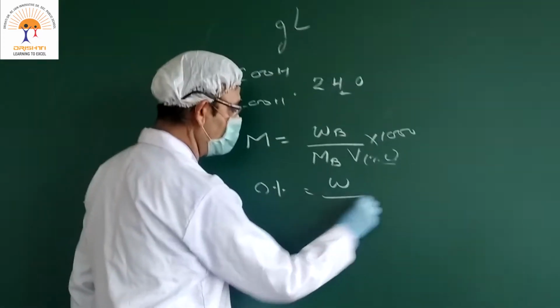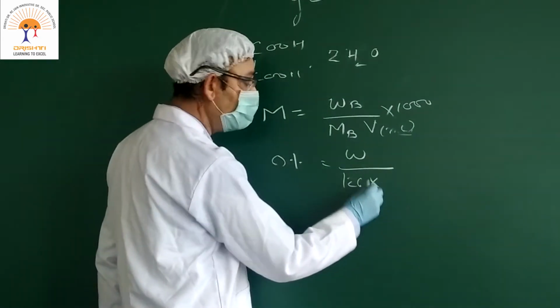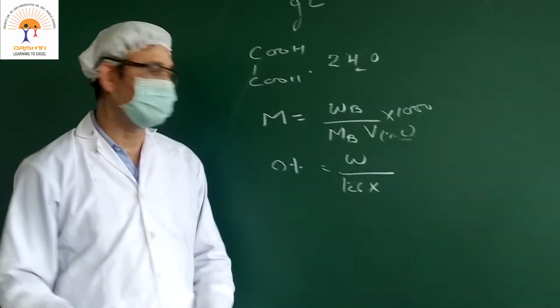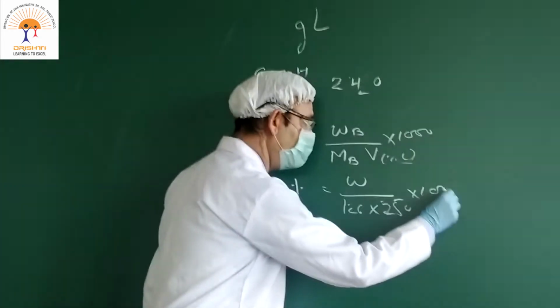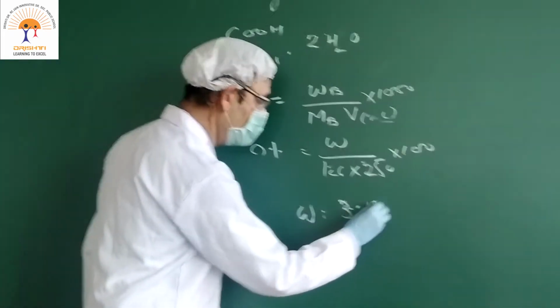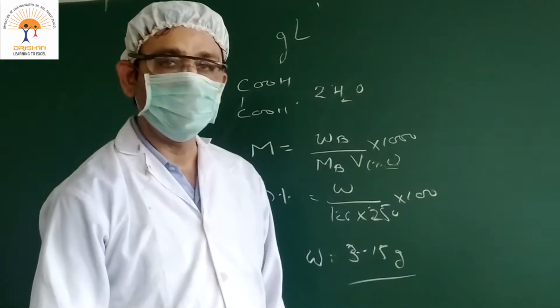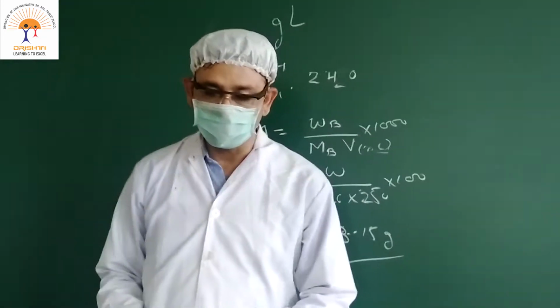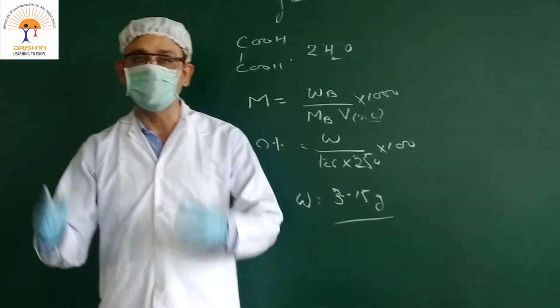Molecular mass of oxalic acid is 126. Volume, how much I want to make? I have made 250 ml. So from this calculation, I get 3.15 grams.